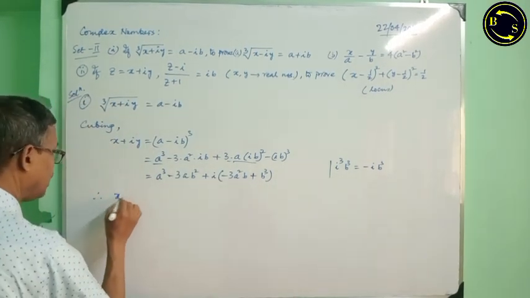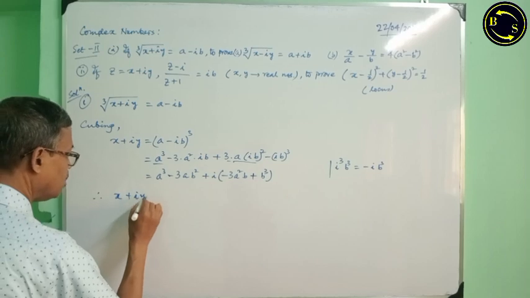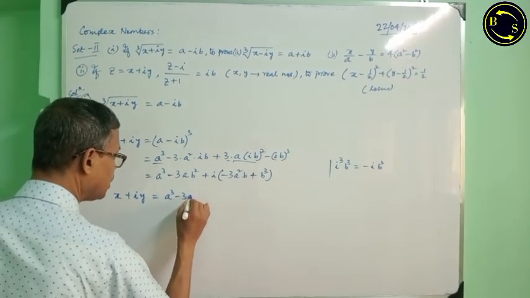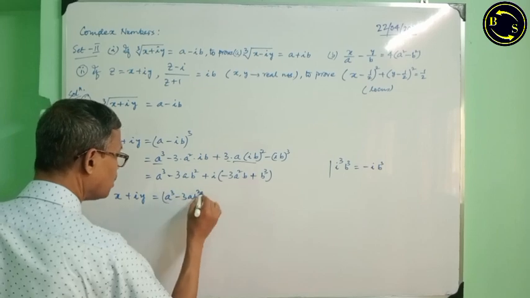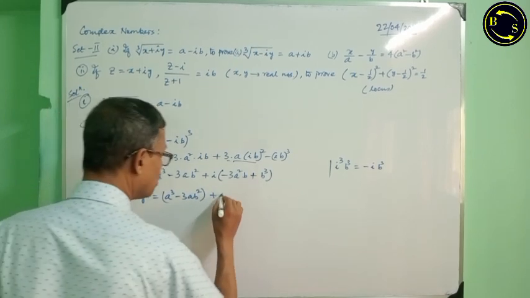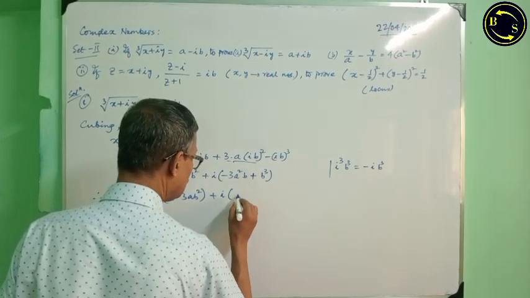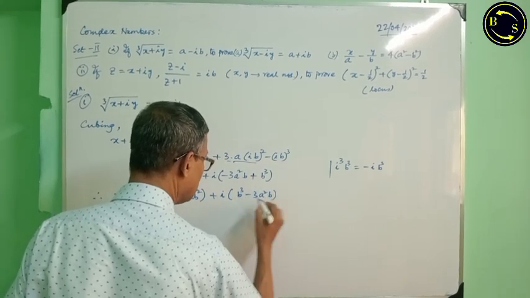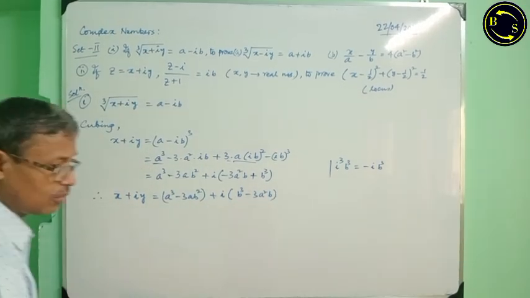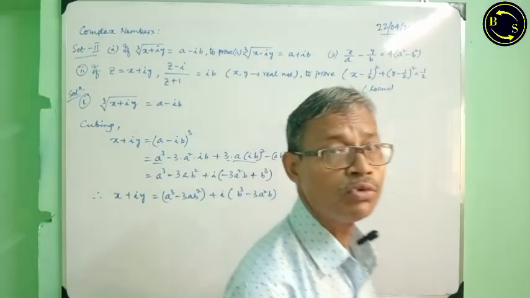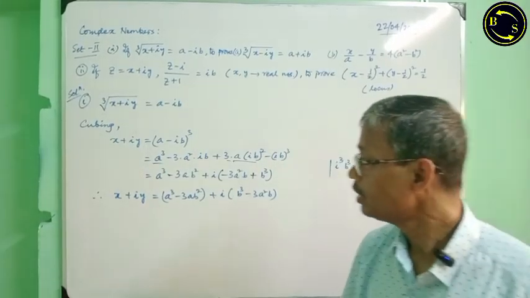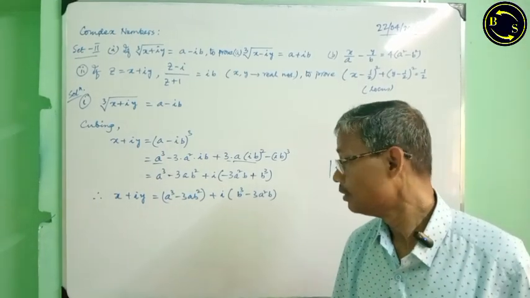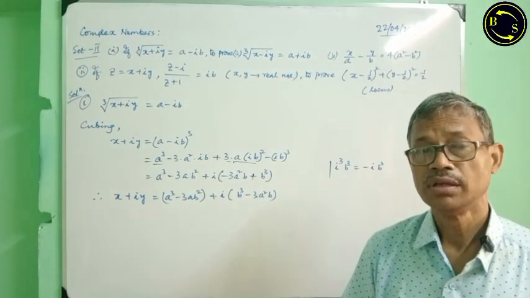Therefore x plus iy is equal to a cube minus 3ab square plus i into b cube minus 3a square b. Now already we have learned the property that if two complex numbers are equal, then their real parts will be equal and imaginary parts will be equal.